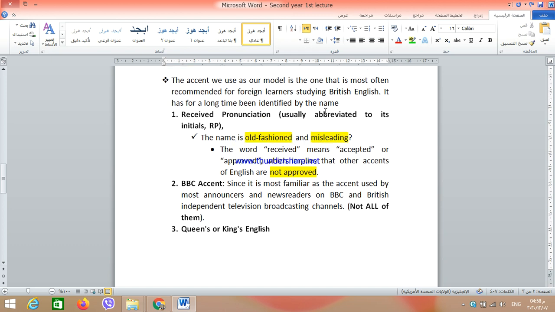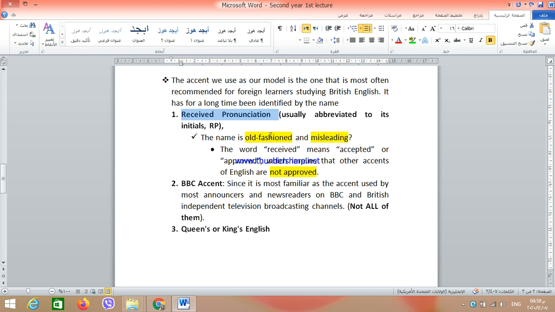Okay. Now, what about the accent we use here, or use as a model to teach you? The accent we adopt here as a model is often called received pronunciation, usually abbreviated as RP. However, this term is old-fashioned and misleading.